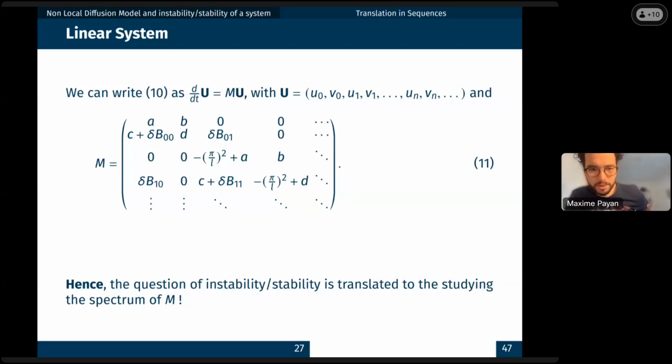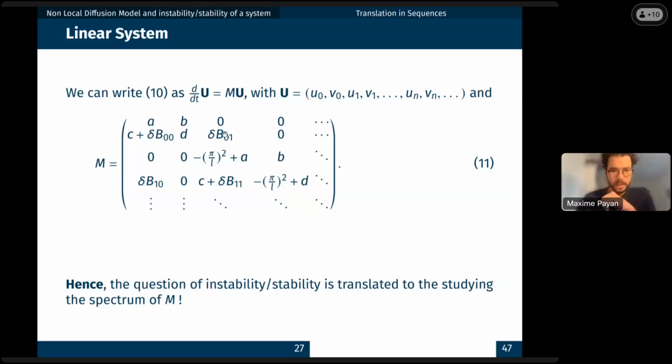My question is whether the Fourier basis is the only choice you can use, or there are other choices. The Fourier basis is definitely the most natural one, I think, and the structure it gives is very useful. That's why we chose it. Okay, thank you.